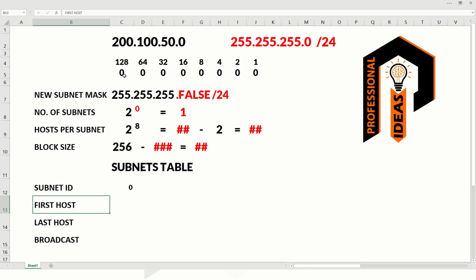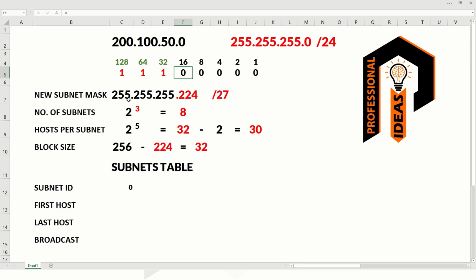Let's expand 8 host bits with their spot values. For subnetting, you will have to borrow bits from the host segment. Let's borrow 3 bits from the host segment for the subnetwork, so the new CIDR value will be /27, as now we have 24 plus 3, that will be equal to 27 bits for the network segment.